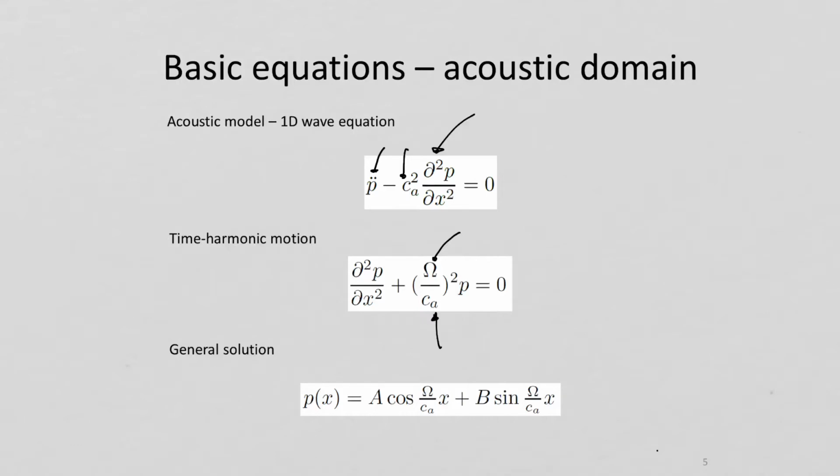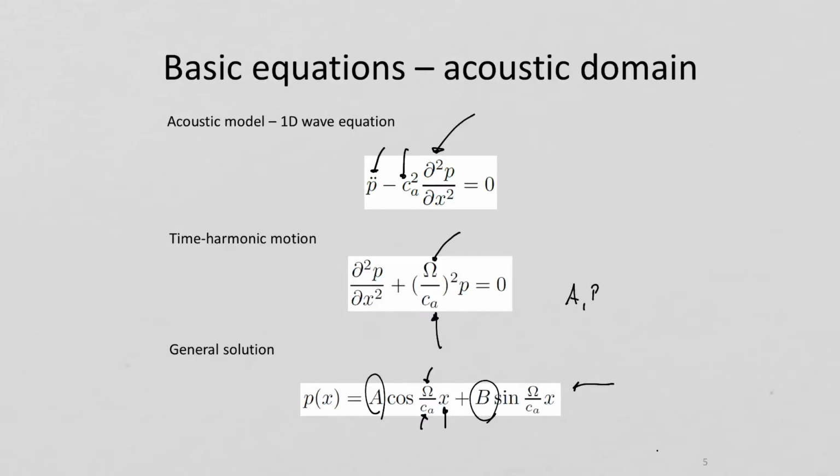This is given by the bottom formula here. As we see, we have the frequency, capital omega, so the frequency of the signal or the wave. We have the wave speed of air, we have the actual position x, and then we have two unknown constants, A and B. As always, when we solve differential equations and get unknown constants, we have to solve them by using the boundary conditions.